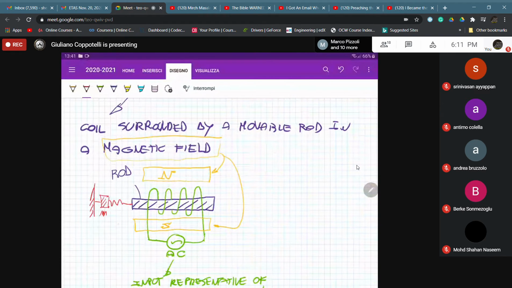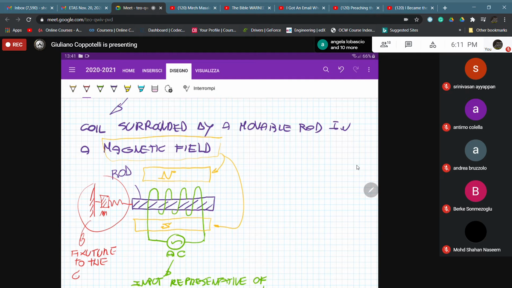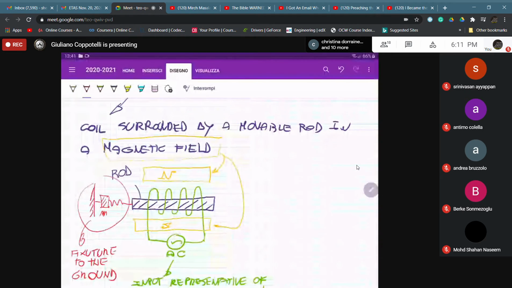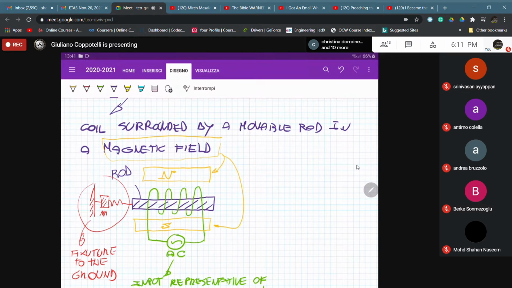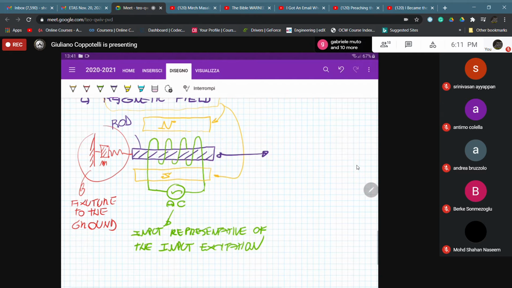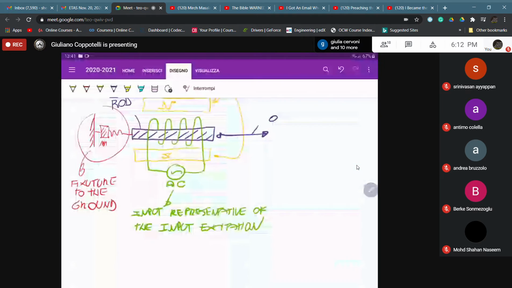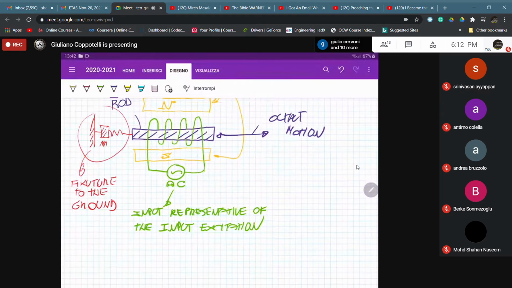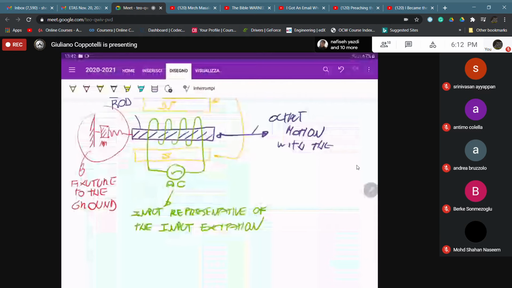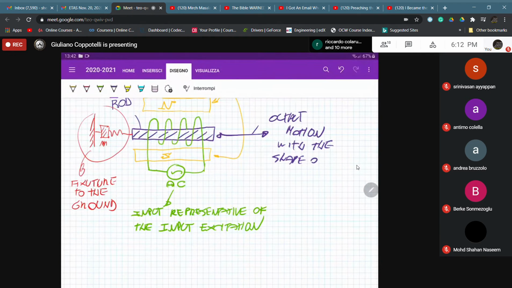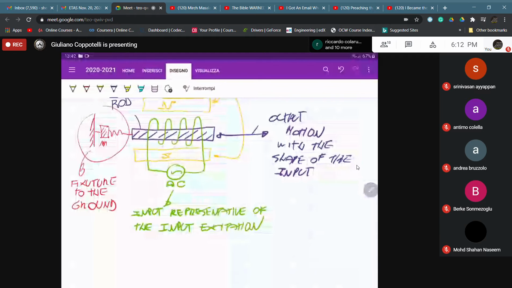These are fixtures to the ground. And as a result, what you have, in this case, is horizontal motion of your rod. Output motion with the shape of the input excitation.